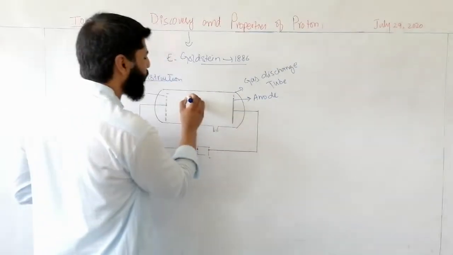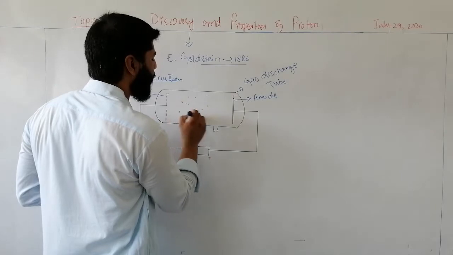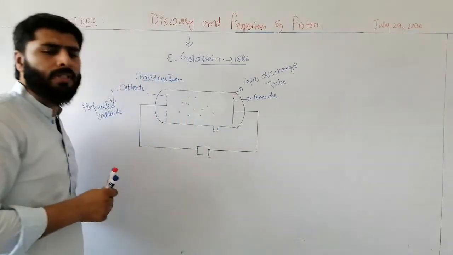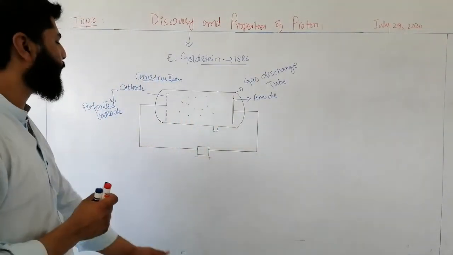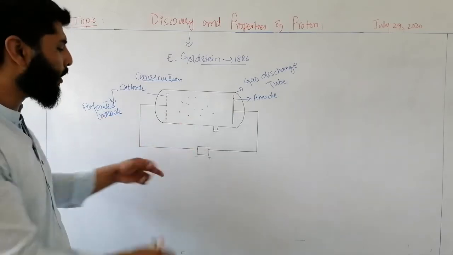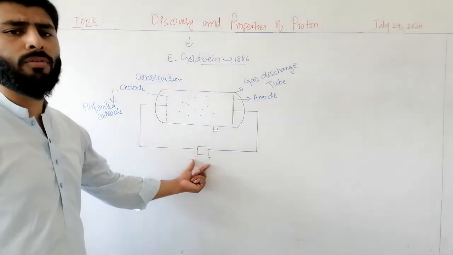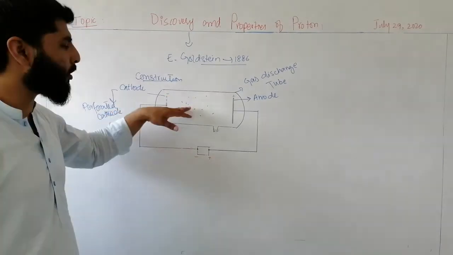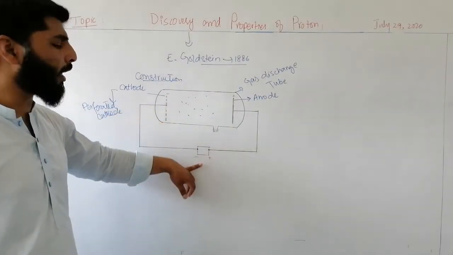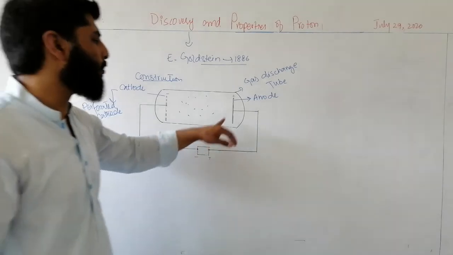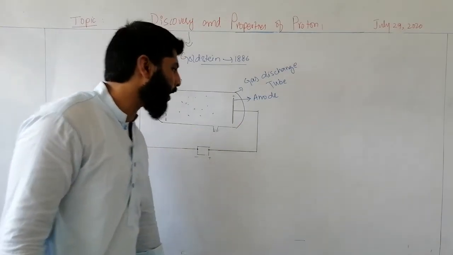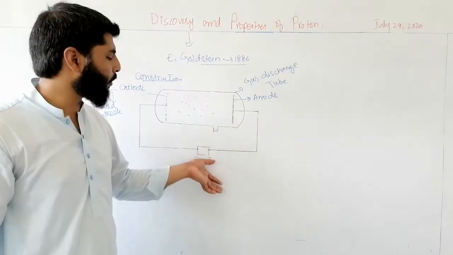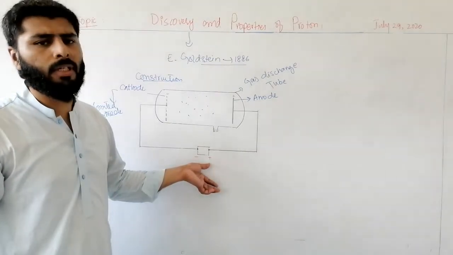The discharge tube was filled with the gas or vapors of any substance, connected externally to the battery, the source of voltage. The cathode or negative terminal of the discharge tube was connected to the negative terminal of the battery, and the positive terminal of the discharge tube was connected to the positive terminal of the battery.